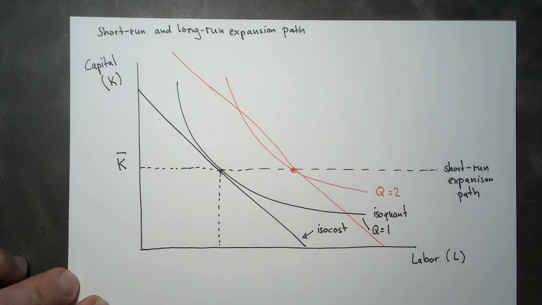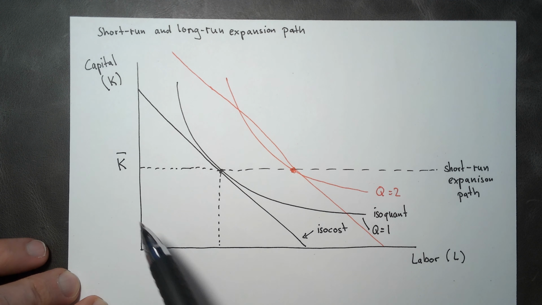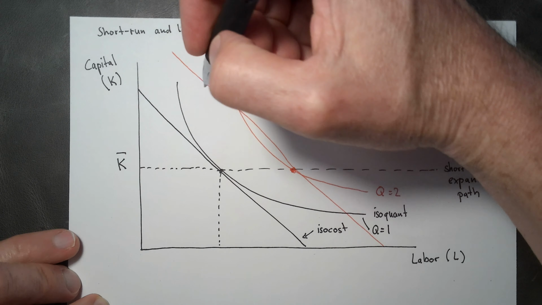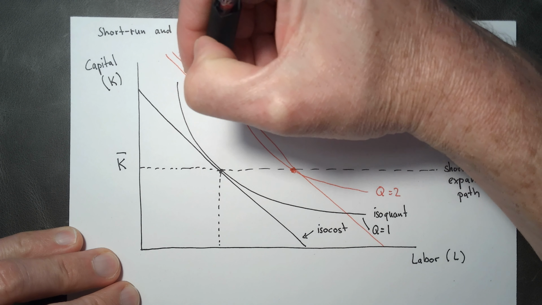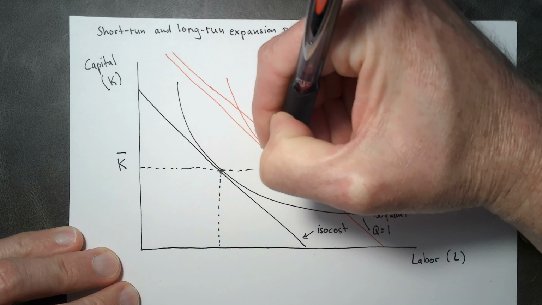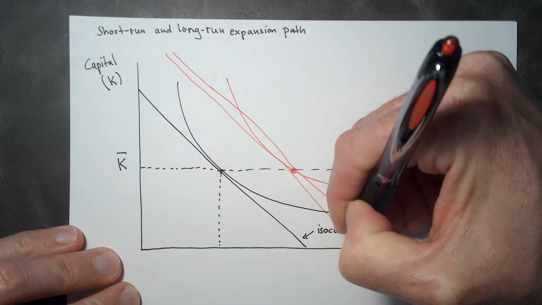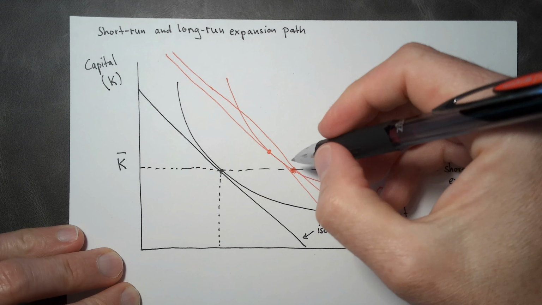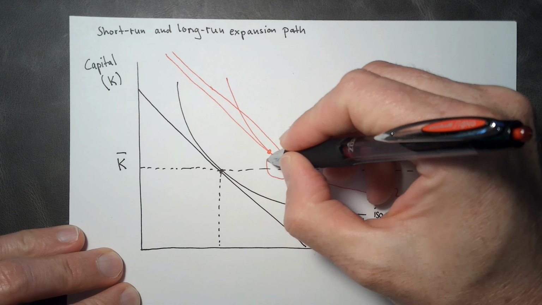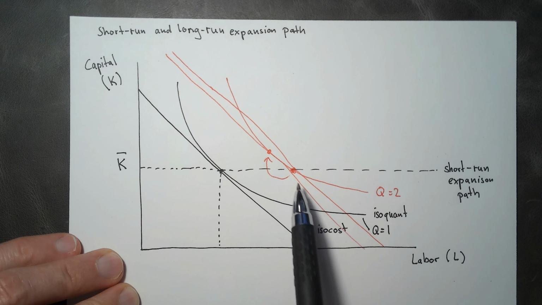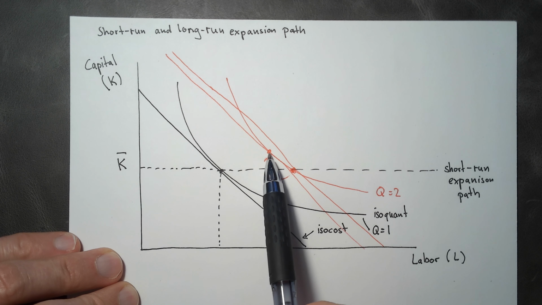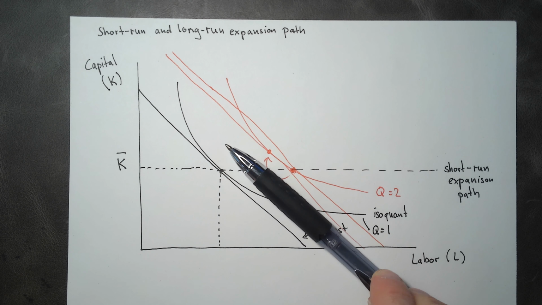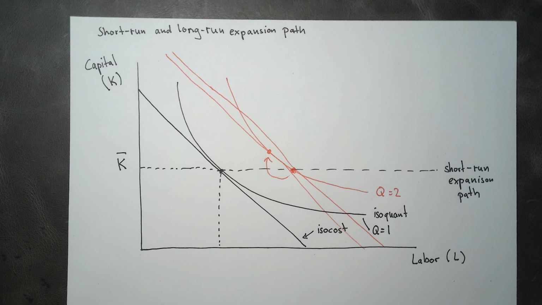And only in the long run, when the firm can actually adjust the capital as well, or the fixed input, they can reduce their cost by moving from this point here to this point that is now satisfying the optimality condition of the isocost line being tangent to the isoquant line.